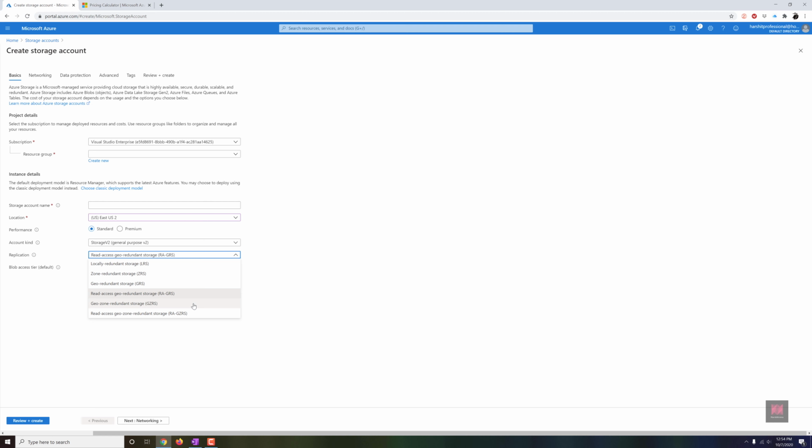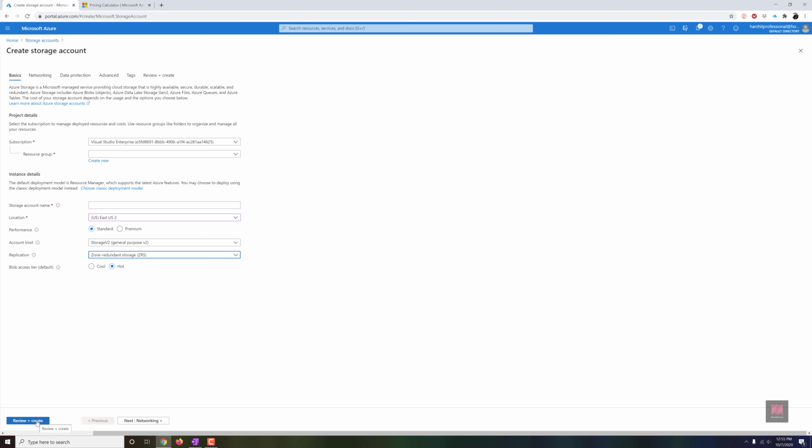So that's the difference between RA-GRS and Geo Redundant Storage. I think you can find more differences in the Microsoft official documentation, but here you can choose the right one as per your requirement, and based on that, you can go ahead and start creating your storage account, which is pretty neat and clean.